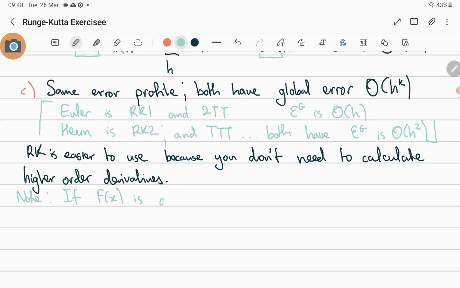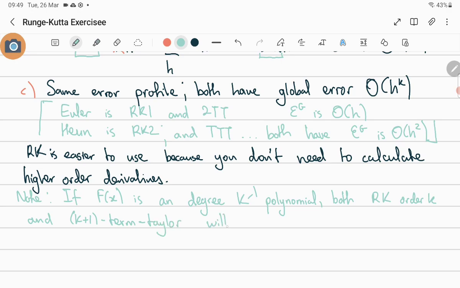So if it is a polynomial of degree k minus 1, both Runge-Kutta order k and the k plus 1 term Taylor will approximate with 0 error. I'll explain this a little bit more.